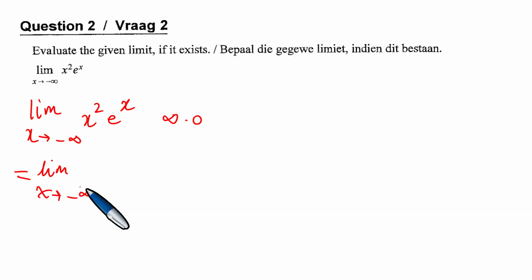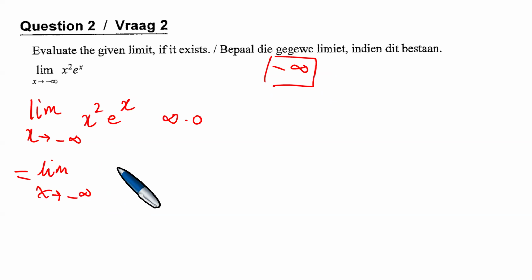So which means you have this. Now you need to look at this question again. What answer do you get? Negative infinity. Okay, that's fine. We're trying this particular question together.